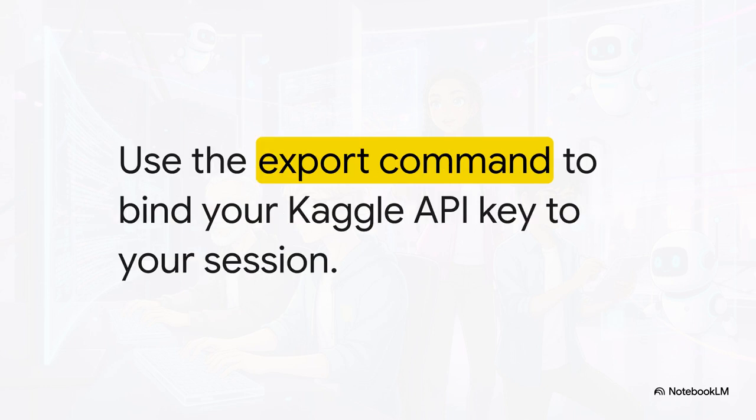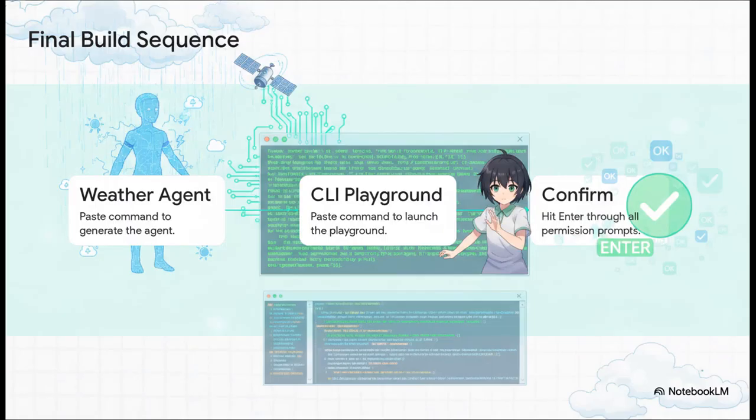Okay, now we actually inject that key into our environment. You're going to use the export command to bind your API credentials right to your active session. Just swap out that placeholder text with the key you just carefully saved in your notepad and hit Enter. Boom! This securely hands your agent the exact access it needs to do its job. And with that, we are finally ready for the main build sequence.